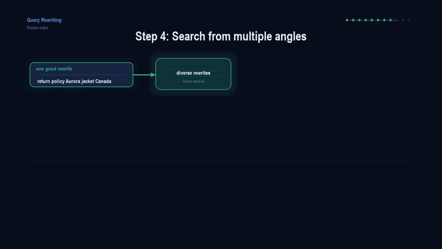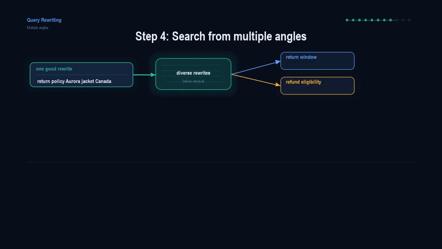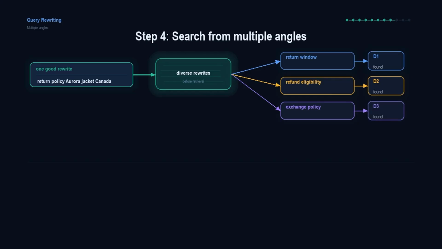Different rewrites surface different documents, and relying on a single phrasing can miss relevant results entirely. Their fix was to generate several diverse rewrites of the same question and search with all of them, and then merge and re-rank what comes back.